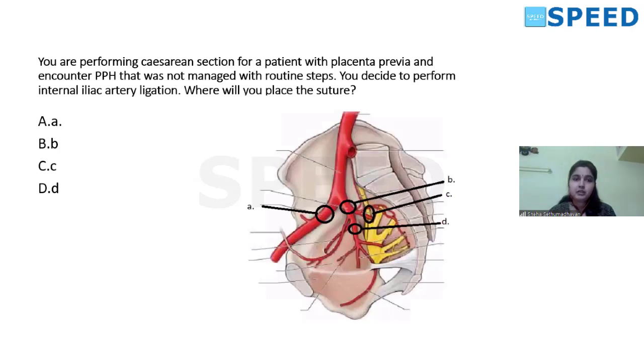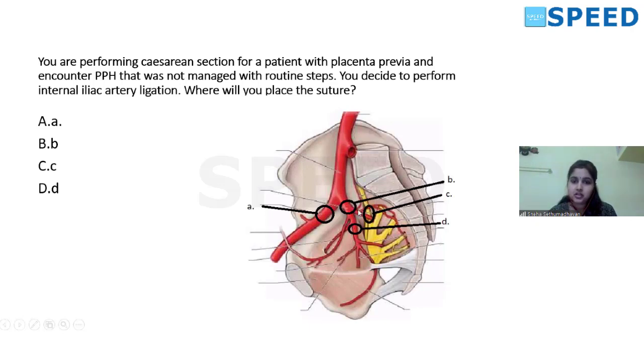So the first question, you're performing a cesarean section for a patient with placenta previa and you encounter PPH that is not managed with the routine steps. So you decide to perform an internal iliac artery ligation. So where will you place the suture? So this is a picture-based question.